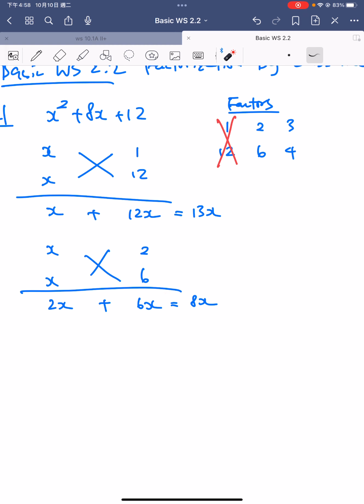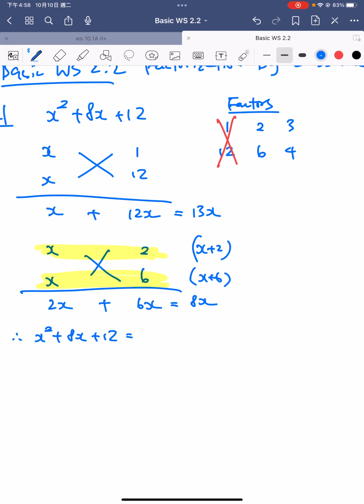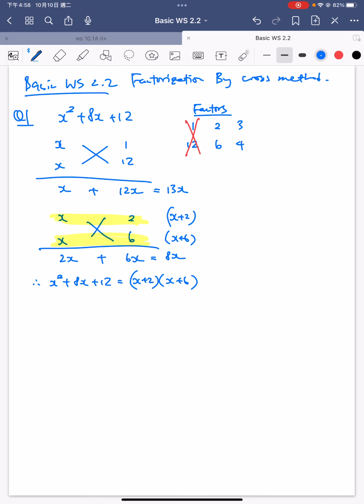Now we just read horizontally: we have x plus 2 as the first factor and x plus 6 as the second factor. So x squared plus 8x plus 12 is equal to x plus 2 times x plus 6. So that's question 1.